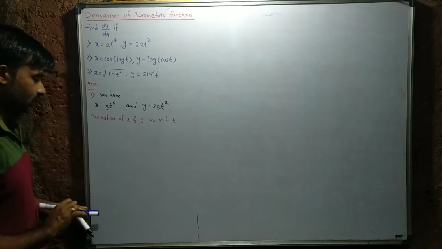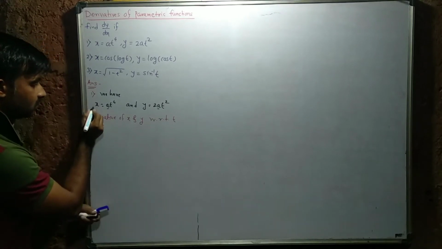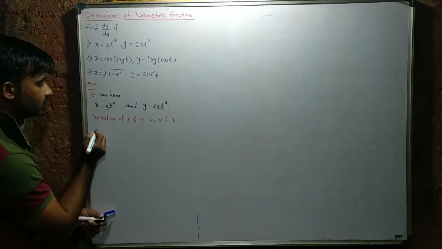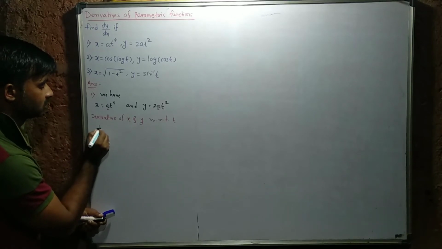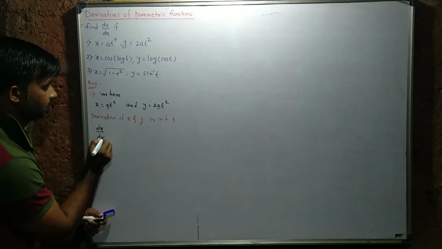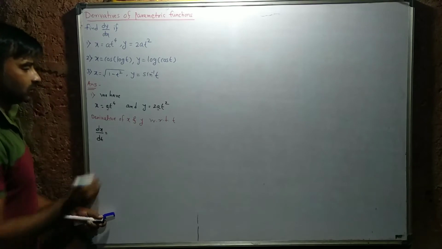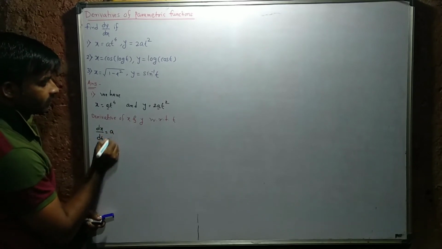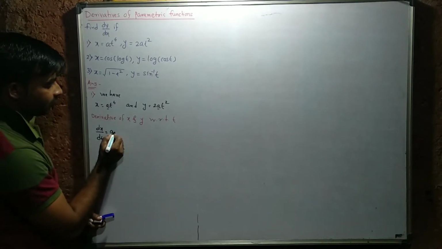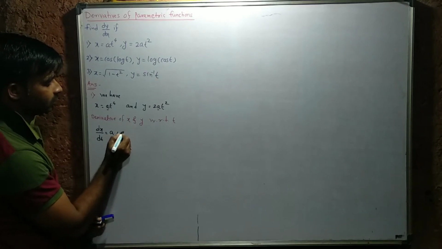Since x is a function of t, the derivative of x with respect to t, that means dx divided by dt, is equal to a, which is a constant, so it stays as it is, and t raised to 4 has the derivative 4 into t cube.